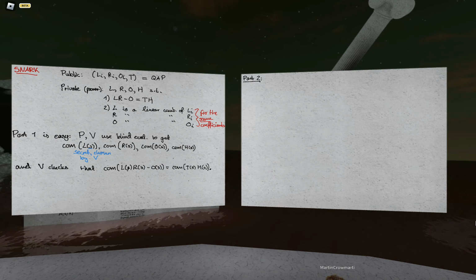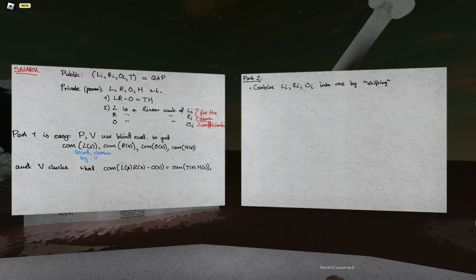And then we are going to prove that we know a linear combination of this combination, and that will suffice, as we will see. So I'm going to combine each Li, Ri, Oi into one. How do we do this? Well, all we're going to do is just shift the coefficients around, and also show you what that means.